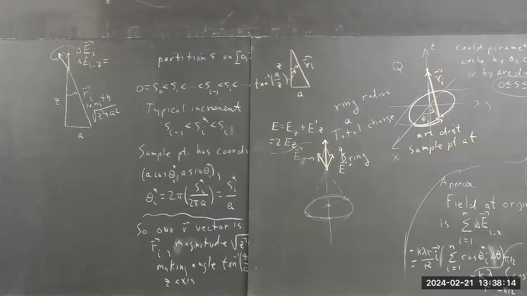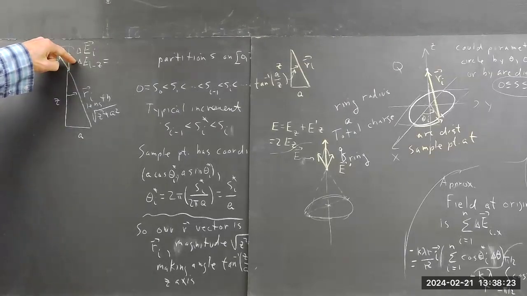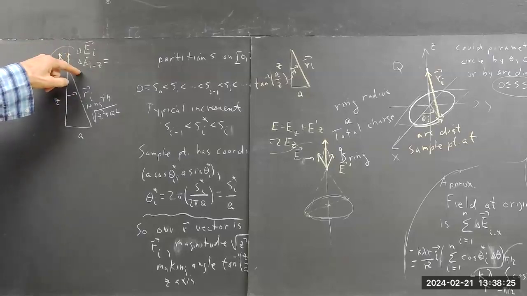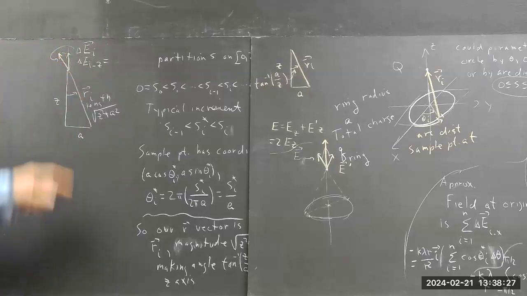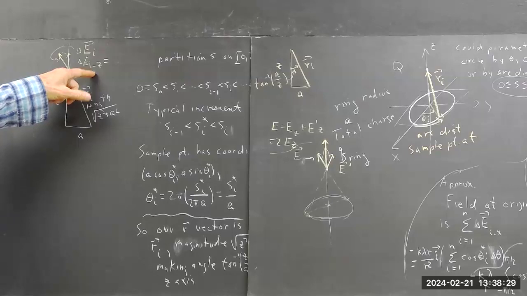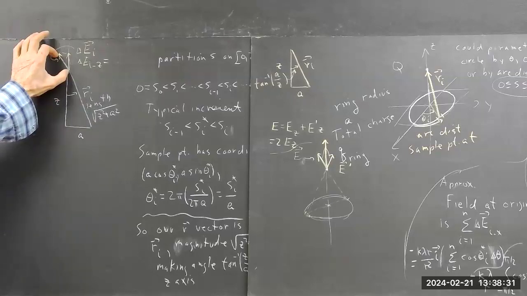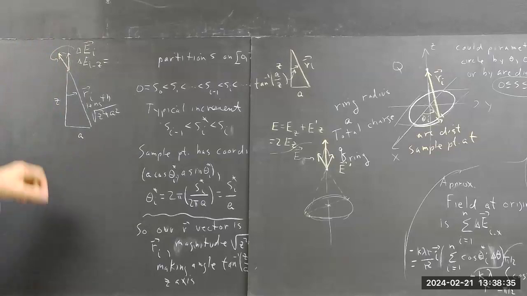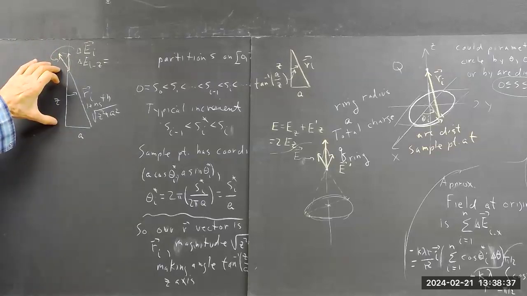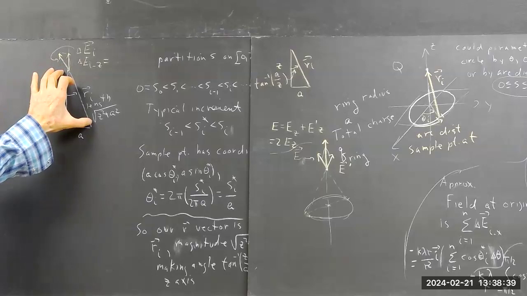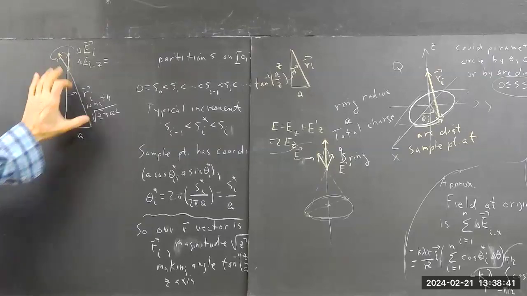Okay, I said you've got similar triangles. This triangle is similar to this triangle, right? What are your corresponding sides? This delta E i Z, the Z component of delta E i, is in the same proportion to your E i vector as this side is to the length of the R i vector, right?